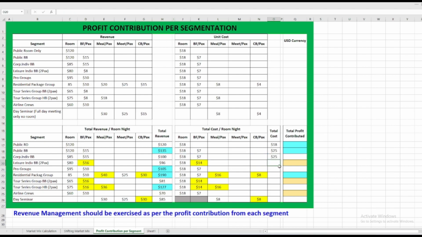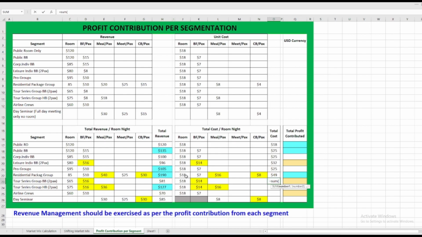And leisure individual bed and breakfast for 2 persons, total cost is 32, same as the professional group, 25 group total cost, and residential package is 49 total cost.